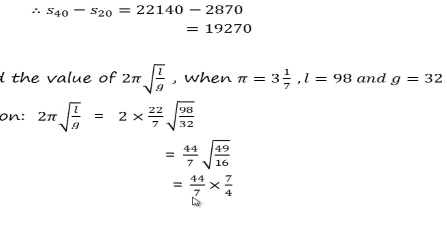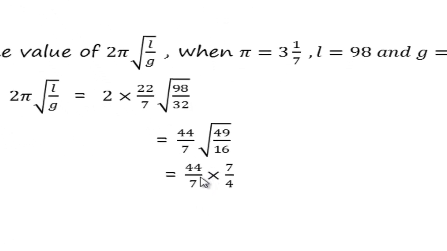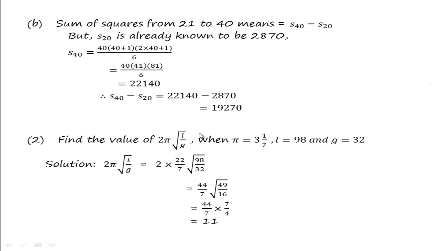It's now going to be 44 divided by 7 times 7 divided by 4, and then 7 cancels 7 here, and then 4 in 44 is 11, 4 in 4 is 1. The answer is 11. That is the final answer.